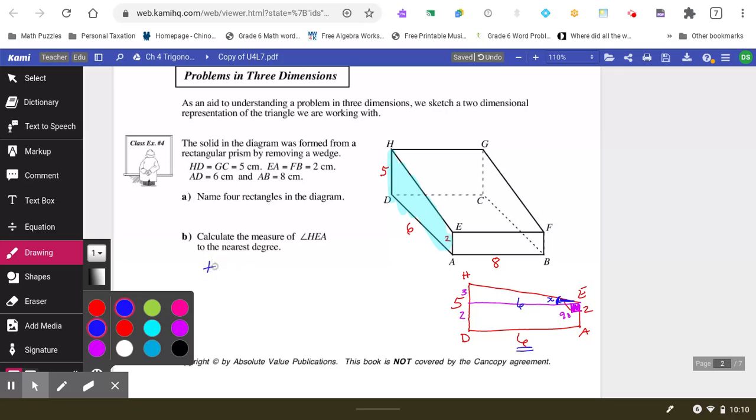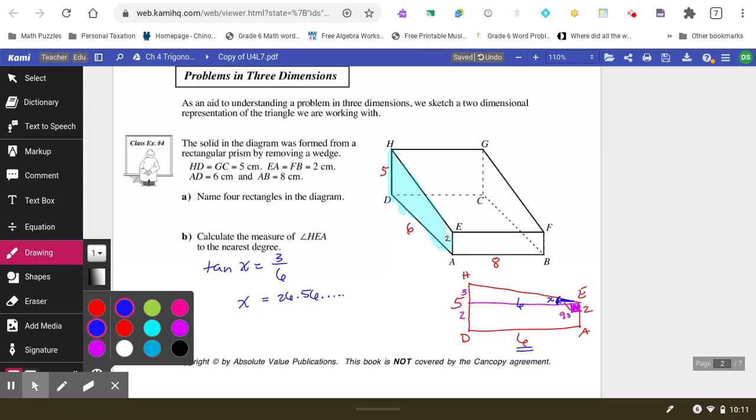I'm going to use tangent of X is equal to the opposite over the adjacent, second function, and X is equal to 26.56 and some change.